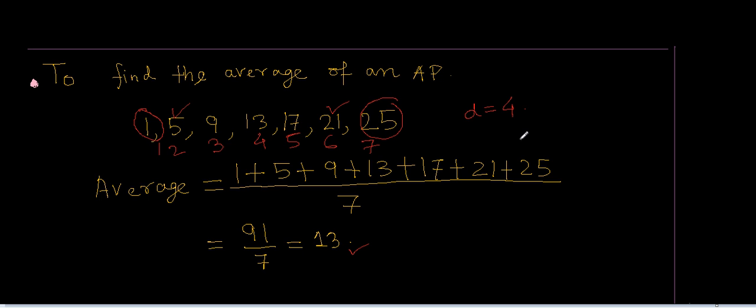So if we add 5 plus 21 by 2, this gives the same result, 13. Again, the corresponding term of the third term is the fifth term. If we add 17 plus 9 by 2, we get 13. So we can use this shortcut technique to find the average of an AP series.